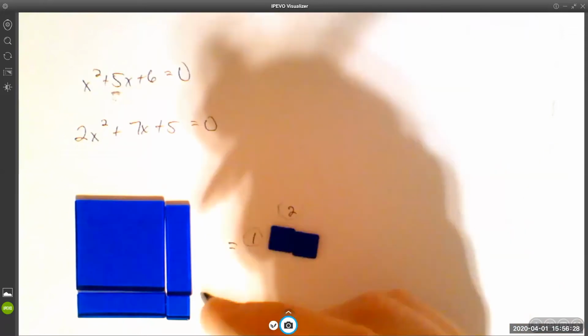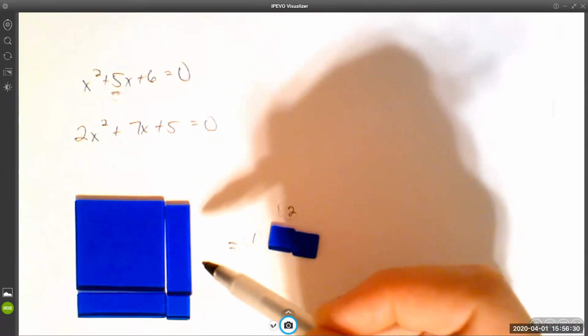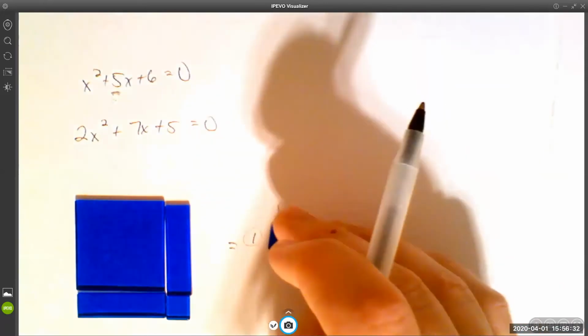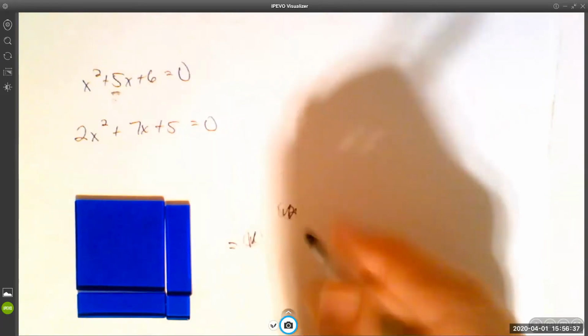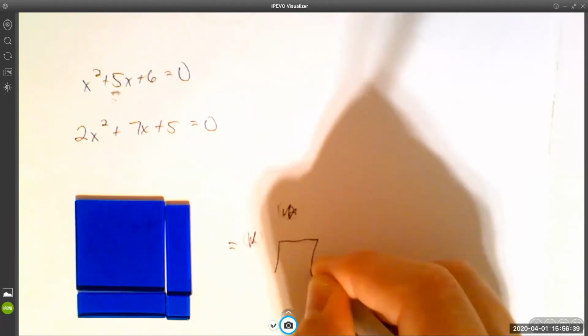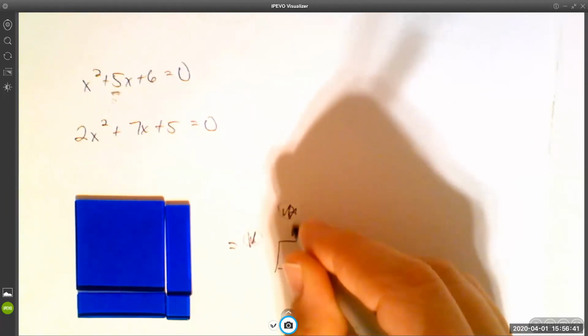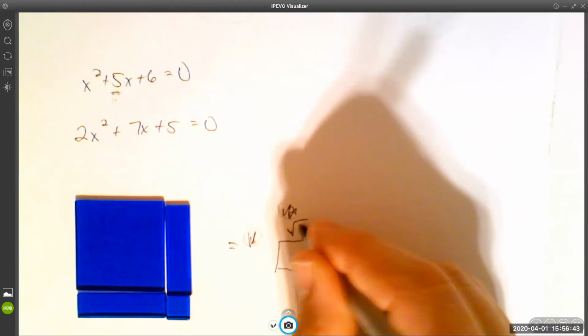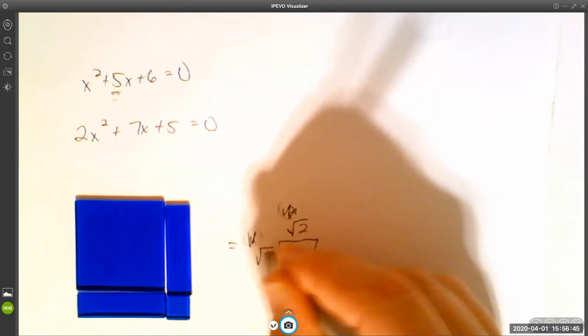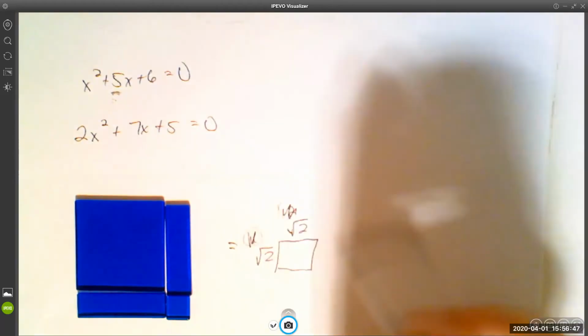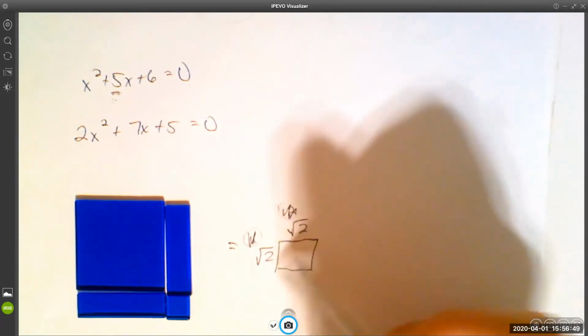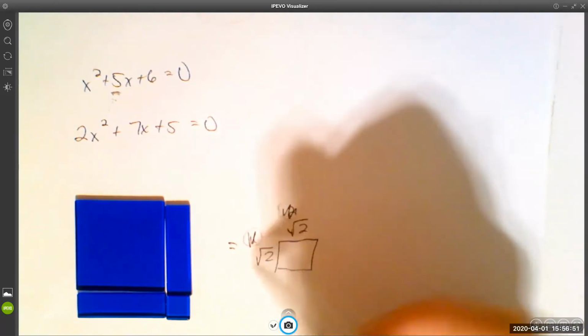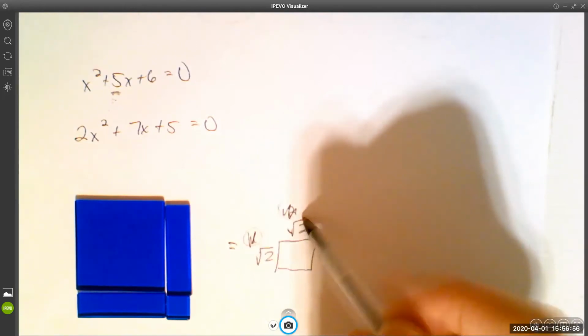So what we typically do with these kinds of equations is draw a different kind of tile where we force the area of that tile to be 2. So we can say, if the top and the side are both the square root of 2, then the area would be square root of 2 times square root of 2, which is 2.